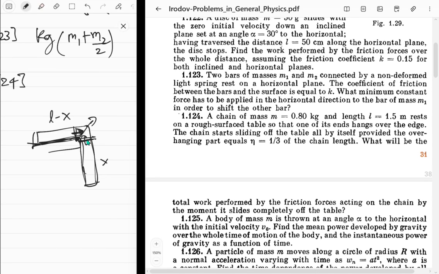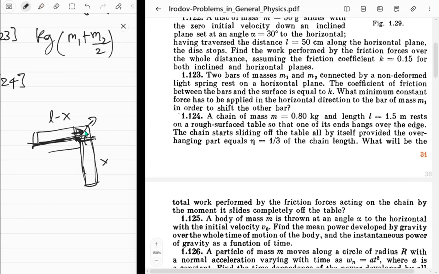There's also going to be friction throughout here. And because the normal force is so big, times the coefficient of friction, it's still considerable. So, oh no, this is not nice. Now what do we do with it?